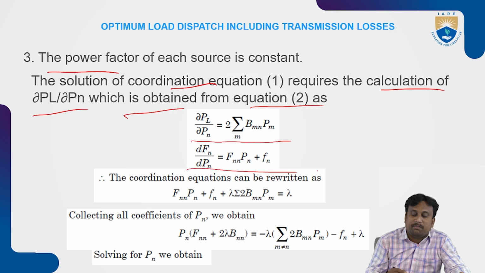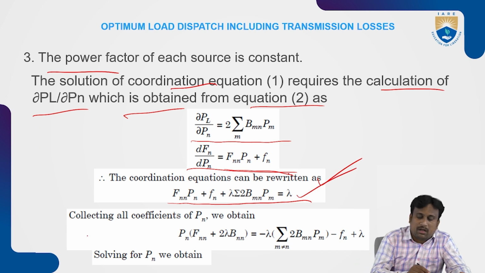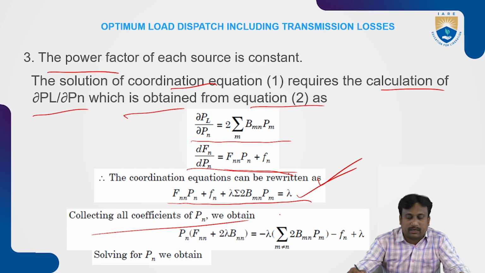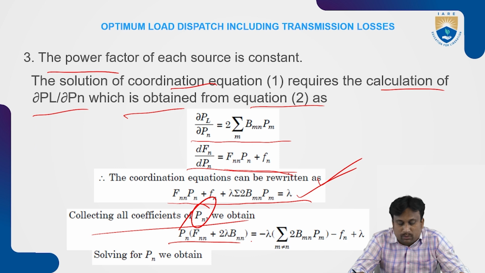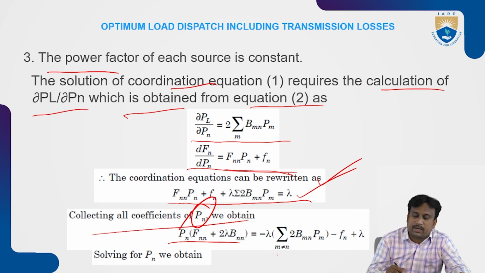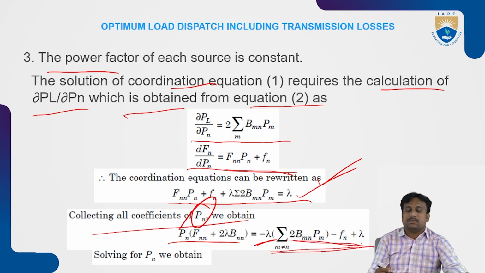So dFn by dPn equals Fnn Pn plus fn. The coordination equations can be rewritten as Fnn Pn plus fn plus lambda summation 2 Bmn Pm equals lambda. Collecting all the coefficients of Pn, we get Pn of Fnn plus 2 lambda Bnn equals minus lambda summation m not equal to n 2 Bmn Pm minus fn plus lambda.